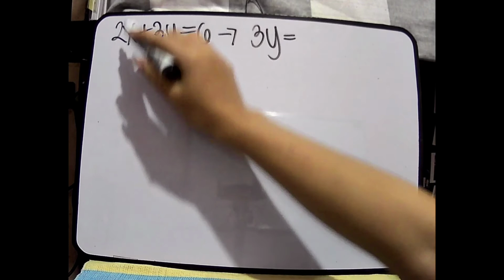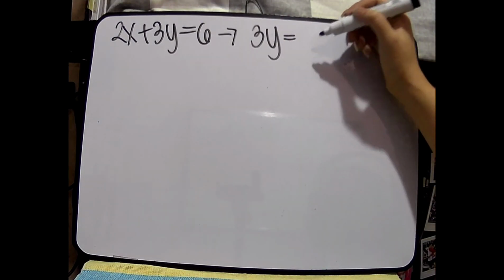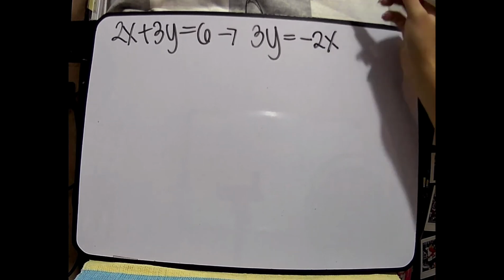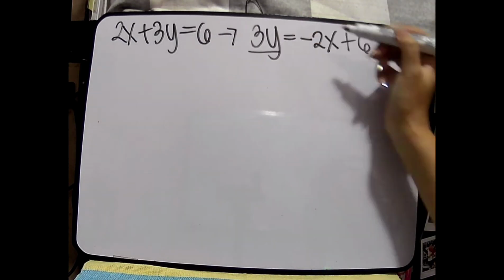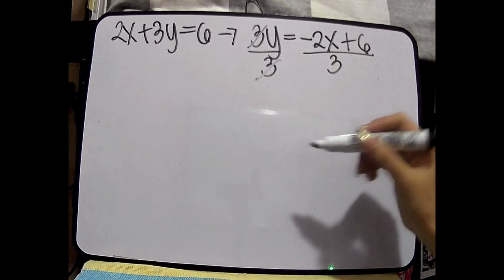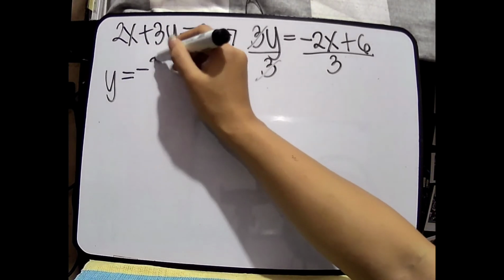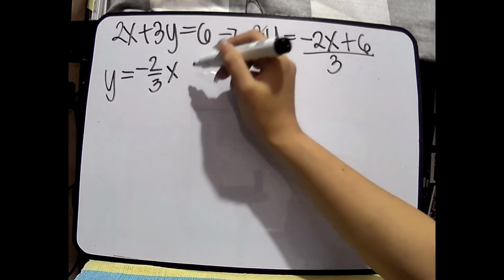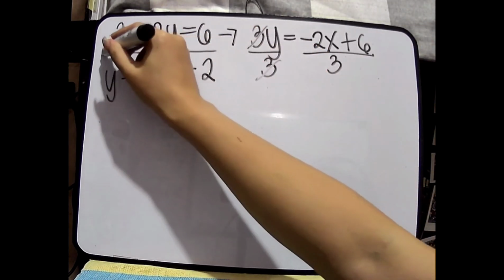So, positive 2x siya, let's transpose, or kung APE, we will be subtracting both sides by 2x. And then, ito hindi naman ginalaw, so plus 6. And then, we will just be dividing both sides by 3 para maiwan yung y. So, our new equation is y equals negative 2/3 x plus 6 divided by 3 is 2.